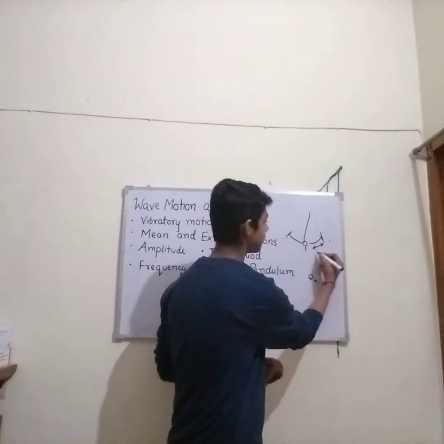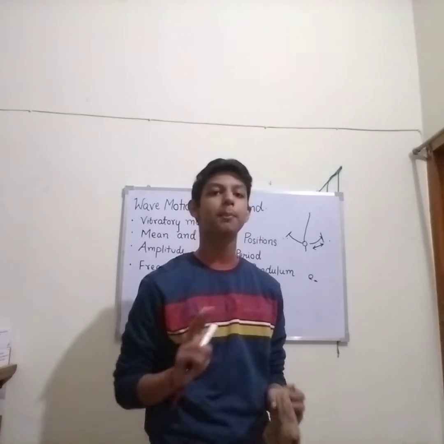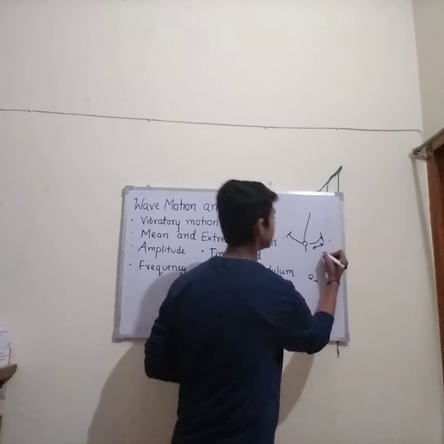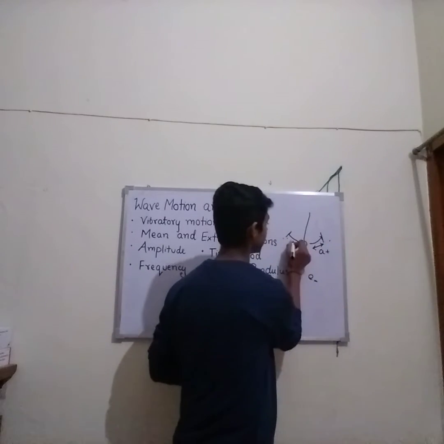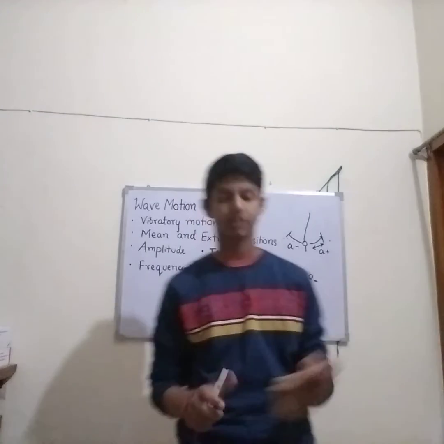This is amplitude and this is amplitude. As in physics there are two directions denoted by positive and negative signs, you can denote this by a plus and this by a minus because they are in different directions.